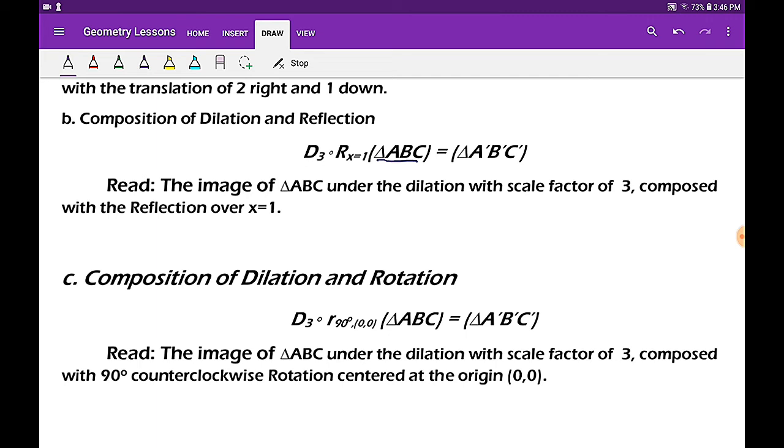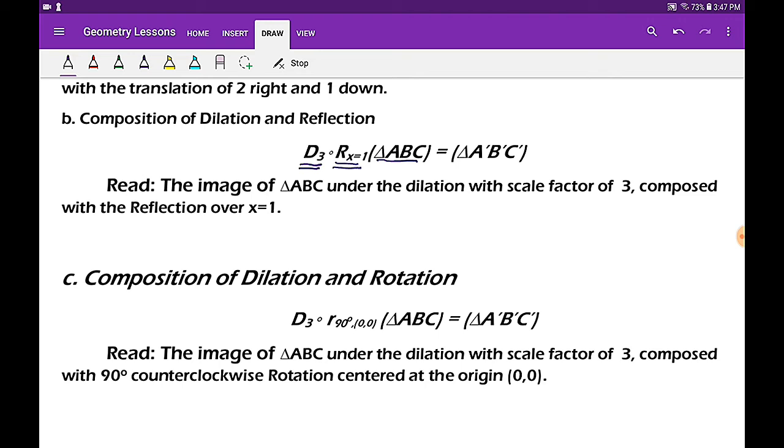So this is the dilation. Pop quiz again: what is the center of this dilation? If you said the origin, you remembered right. Since the center is not indicated, the center is the origin. And then the reflection part is right here.